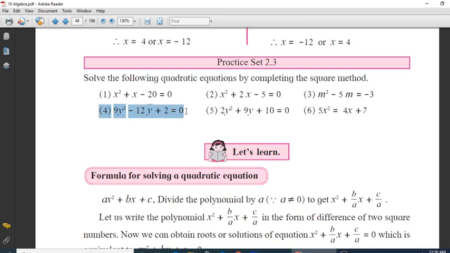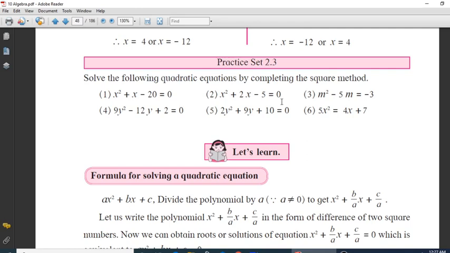Because as far as completing square method is concerned, you will find two types of question. One, this type, this question number 1, and the other type is like question number 4. So as you can see, this question number 1, question number 2, question number 3, all three questions are same.